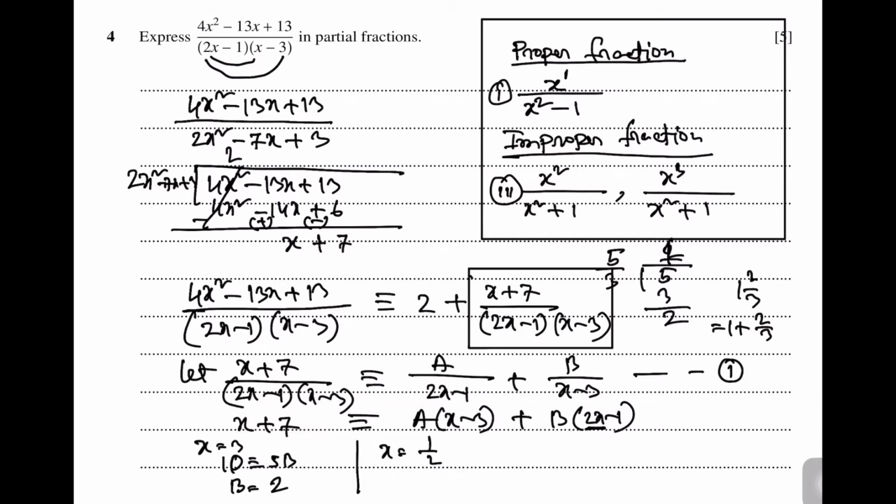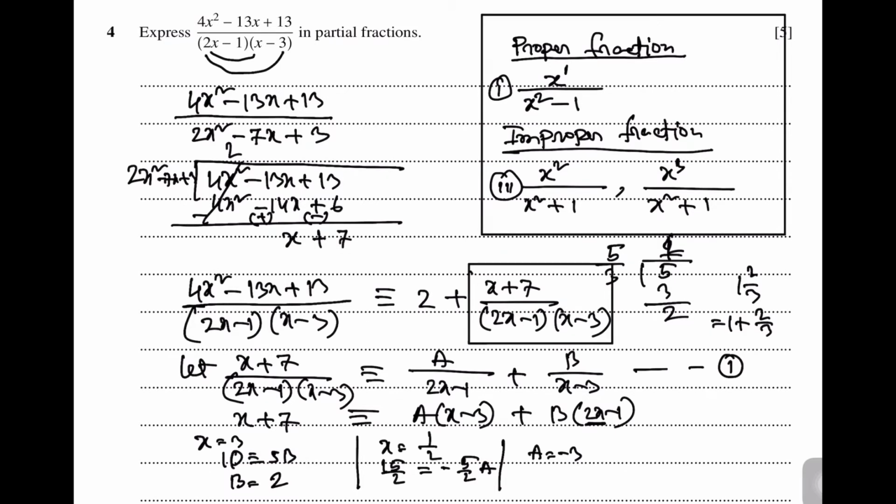If I substitute here, it will be half plus 7, 15 by 2, equals half minus 3 times A, minus 5 by 2 A. So finally A equals minus 3.